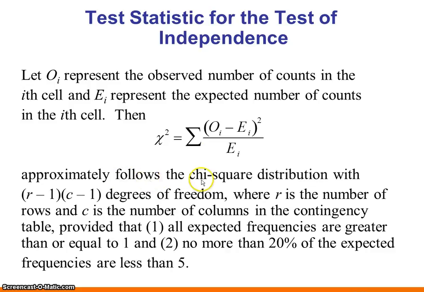The one difference here is that the chi-squared distribution in this case will have the number of rows minus 1 times the number of columns minus 1 degrees of freedom, provided again that the following two conditions are met.